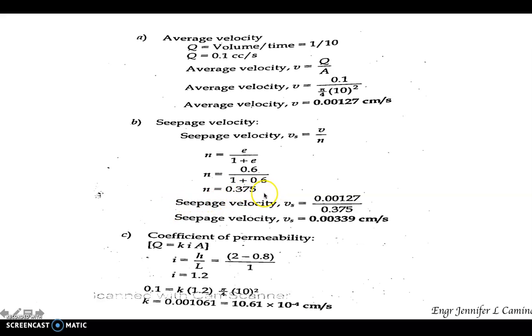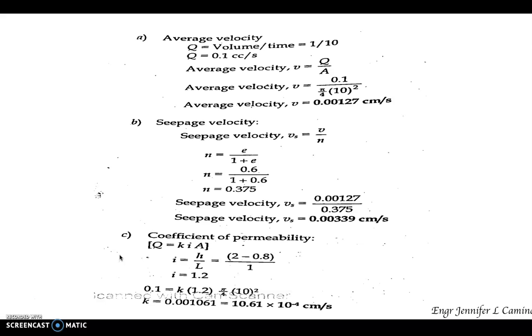So we have now our n, the porosity. Substituting into this equation, we have 0.00127 over 0.375, so we get our seepage velocity, which is 0.00339 centimeter per second.